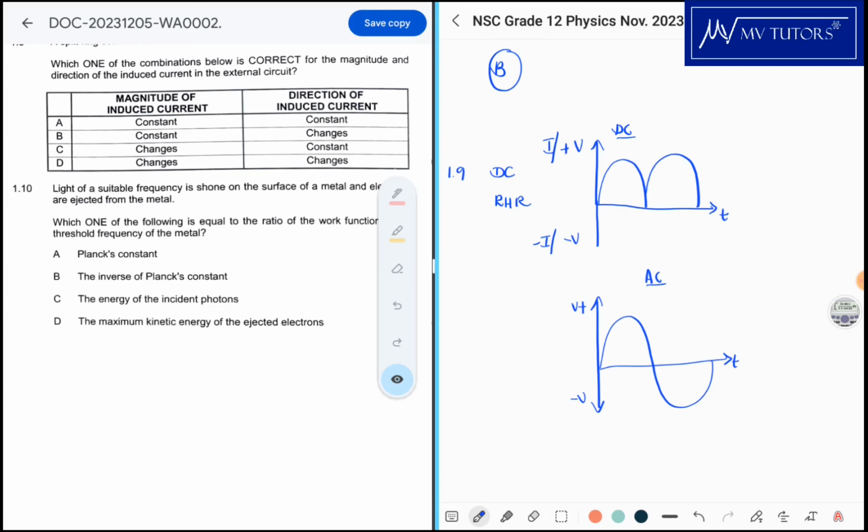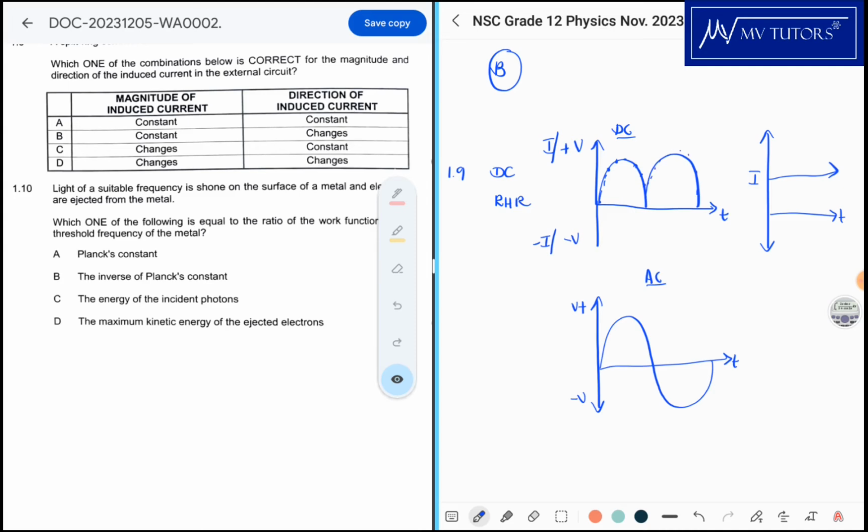So with direct current, the magnitude of the induced current changes. If it were constant, you would have something like this, some value over there. It would be constant, but we're seeing it changes because if you read it over time, you can see it changes.